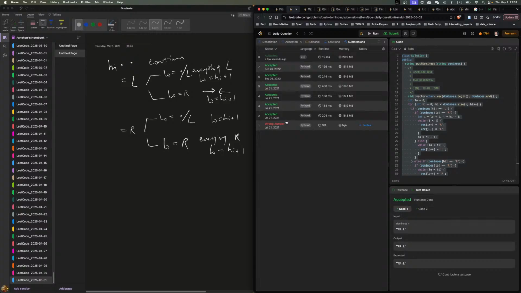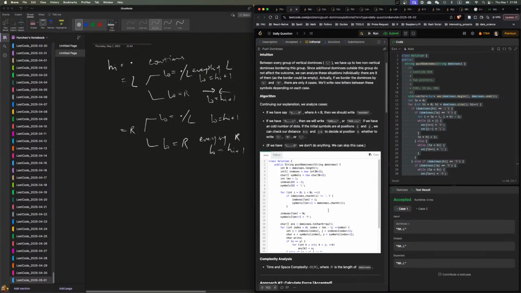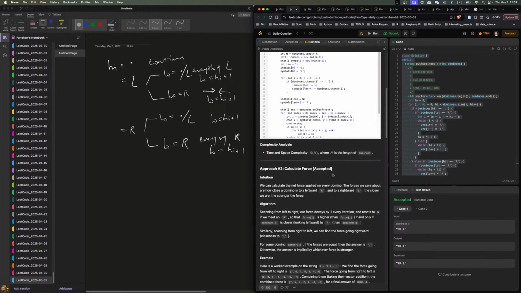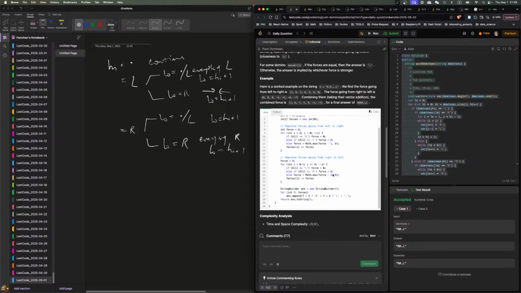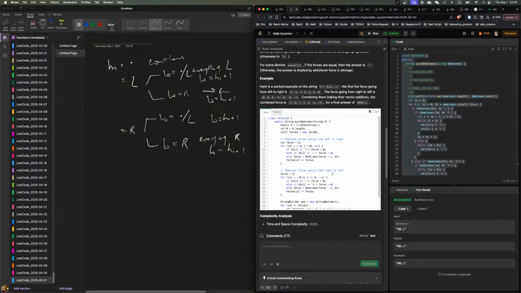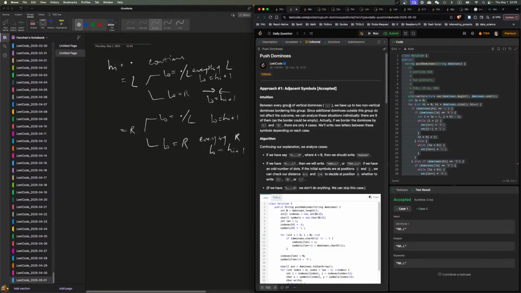2021, the first time we solved this, 2022, and on 2025. Alright. Adjacent symbols. Calculate force. Between every group of vertical dominoes, we have up to 2 non-vertical dominoes bordering this group.